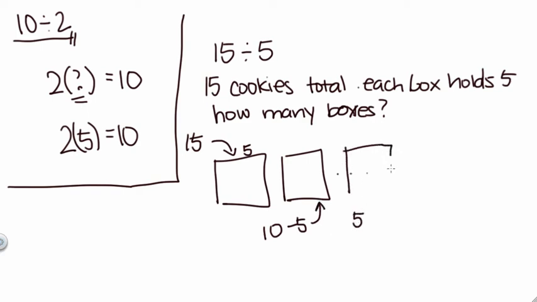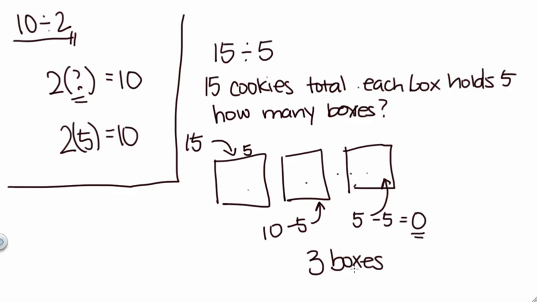And when we have 5 left, we can place it into the third box, and then we have none. So we have 0 remainder, and we put it into 3 different boxes. So we would have to have 3 boxes to place 15 cookies if we're putting 5 cookies per box.